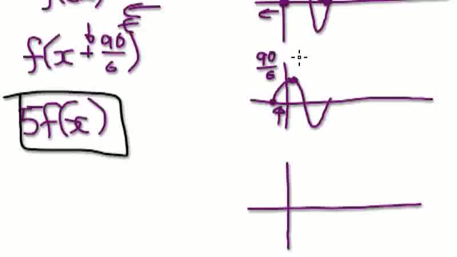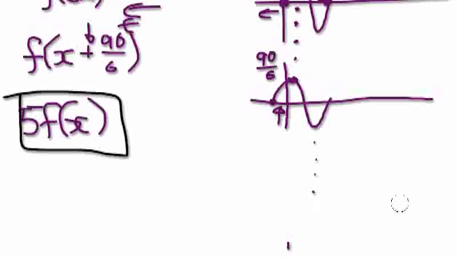Well, 1 is here, 2, 3, 4, 5. Okay, 1 is here, negative 1 is here, negative 2, negative 3, negative 4, negative 5 is here. So our new transformation would be this here.